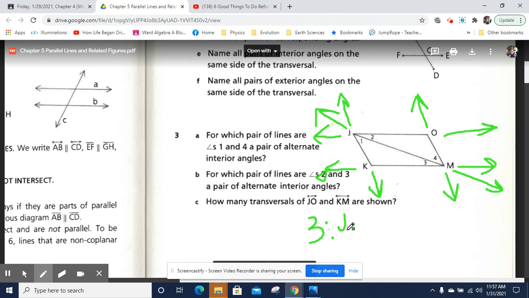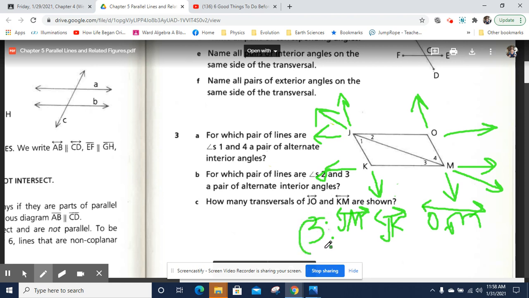There's JM, which we already probably knew. Then there's JK. And then there's OM. That is the most amazing handwriting you've ever seen. And so there you go.